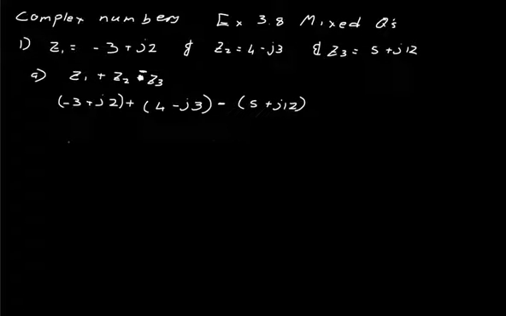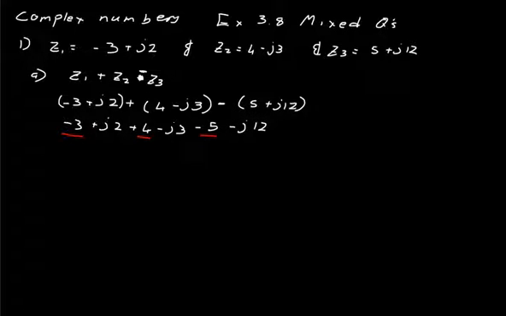Okay, so let's first multiply out. Just multiply that negative into the bracket. So we're left with minus 3 plus j2 plus 4 minus j3. Multiply the negative into the bracket: minus 5 minus j12. So let's start by adding all of the real parts, which is minus 3 plus 4 minus 5.